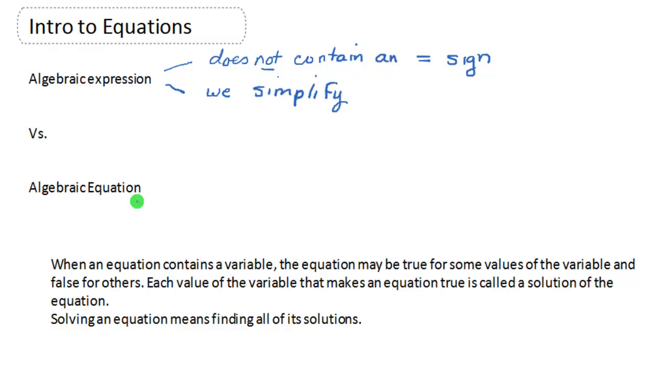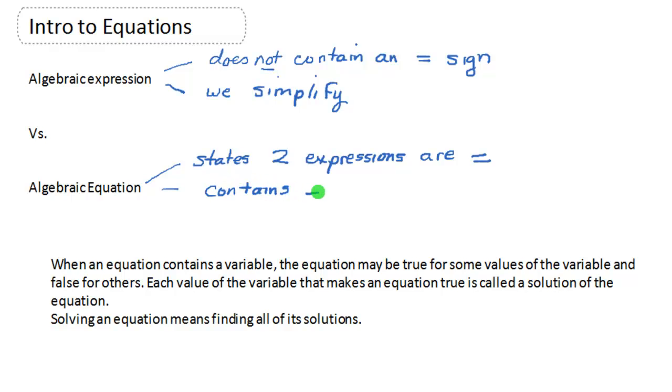In an algebraic equation, we will have an equal sign. And our algebraic equation says that two algebraic expressions are equal to each other. So you're going to have two algebraic expressions separated by an equal sign. And what we do with an algebraic equation is that we solve the equation.